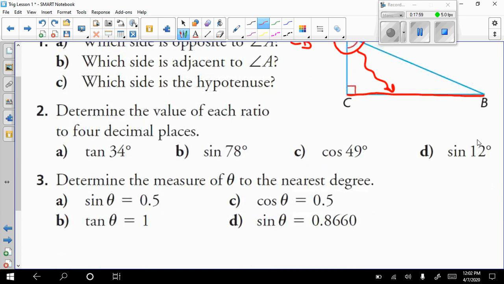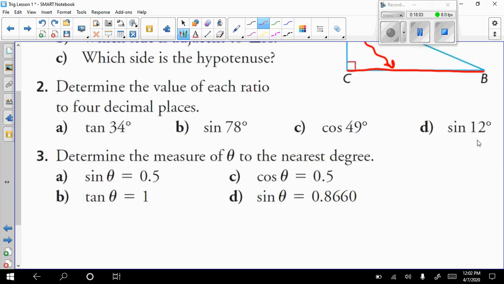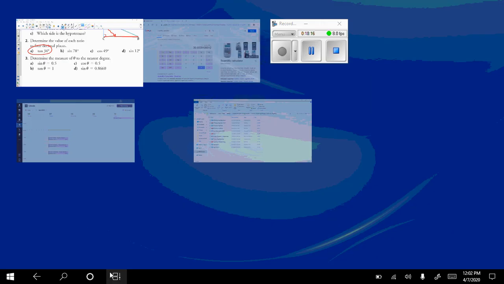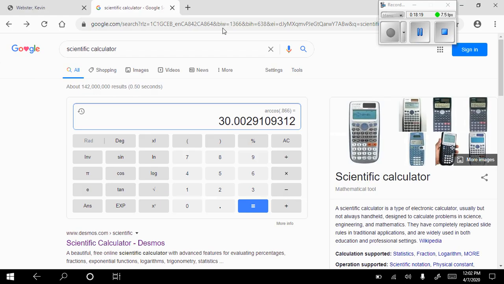Number 2 says determine the value of each ratio to 4 decimal places. So for this one, you're going to need your calculator. We're interested in determining the trig ratio for 10 over 34. So I'll go to my online calculator. Here we go. I am going to clear it. And I'm going to type in 10 divided by 34 equals.